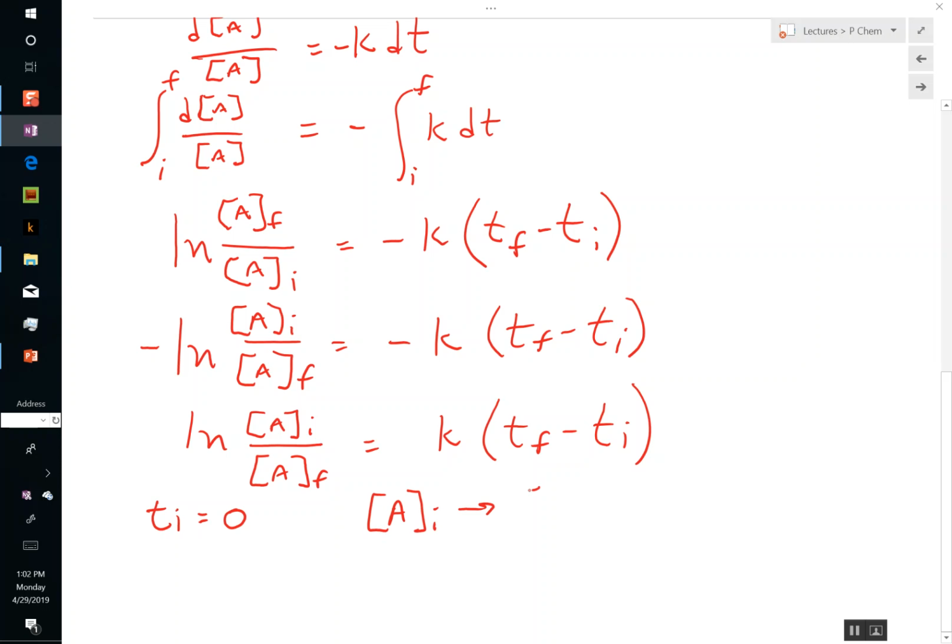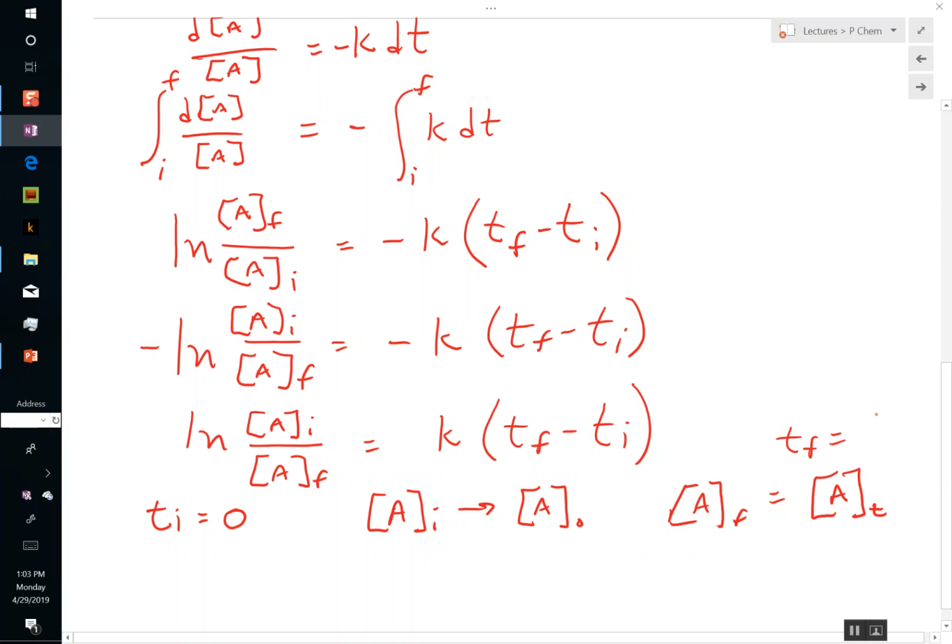We can refer to that now as A naught. And our A final is going to be the concentration of A at some time t. So t initial is 0, and t final is just going to be some point in time, t.